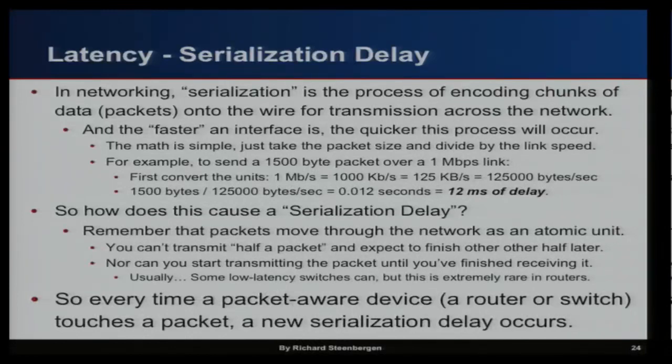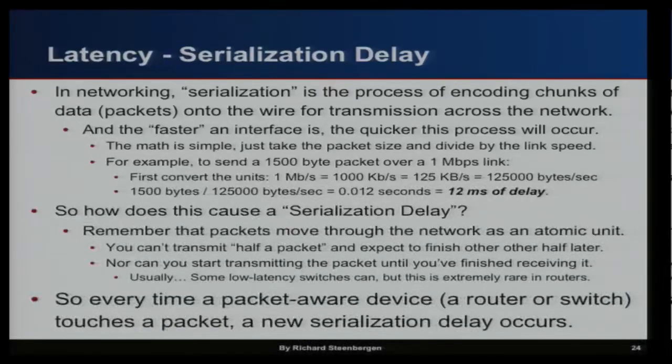It's basically nothing more than convert the bits into bytes and divide. So if you have a 1 megabit link, that's actually 125 kilobytes per second, and you're sending a 1500 byte packet, do the math, it's 0.012 seconds, or 12 milliseconds of delay across this 1 megabit link.